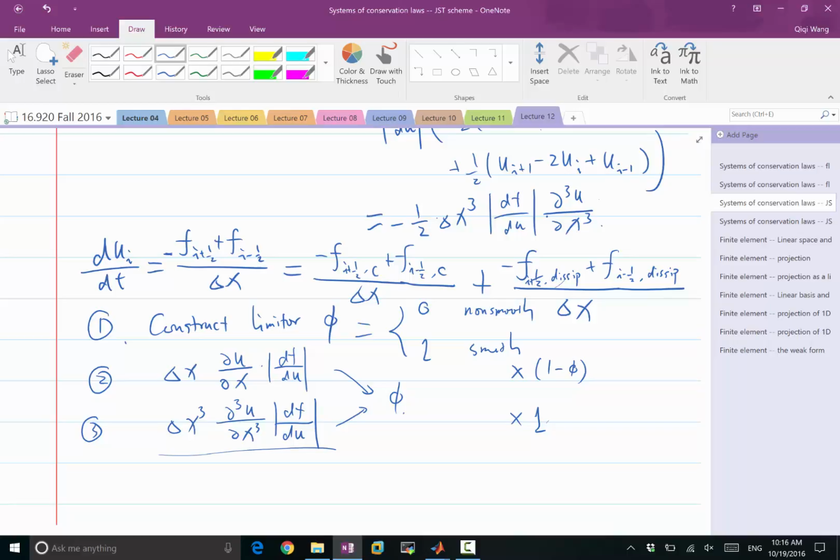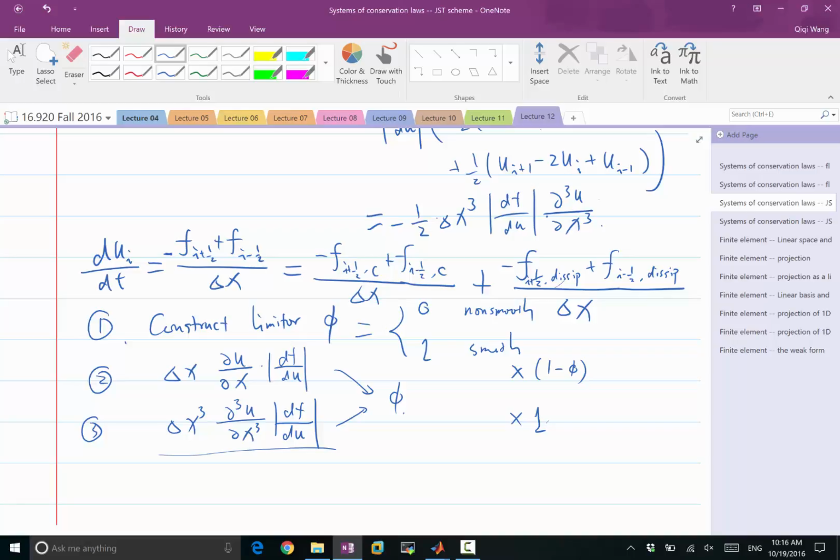So that's how the GST scheme deals with systems of conservation laws, achieving second order accuracy but still being non-oscillatory around shock waves. It computes the limiter the same as what we computed before, based on local extremas and the ratio between slopes between different solutions.